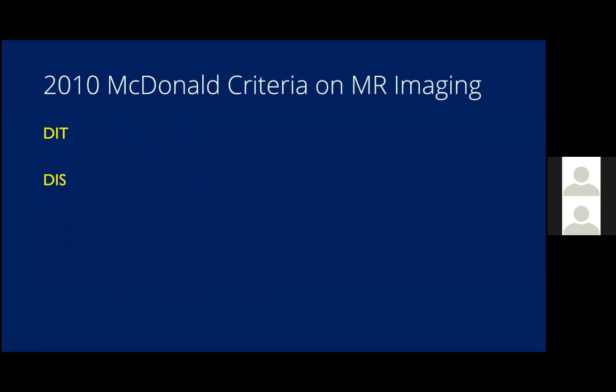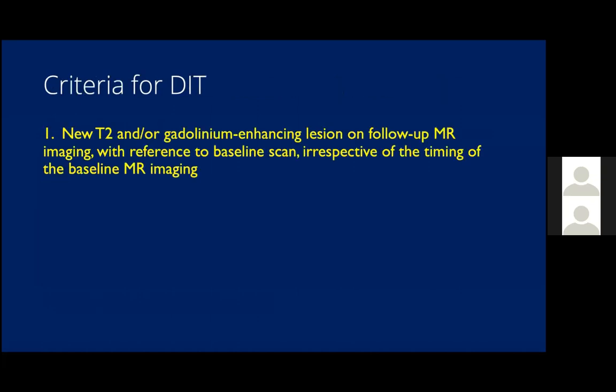So in 2010, there was an upgrade in the McDonald criteria, and MR imaging was incorporated in that criteria. And the diagnosis of MS could be made on MR imaging along with associated clinical symptoms. And they rely on, again, dissemination in time and dissemination in space criteria. So what is that criteria?